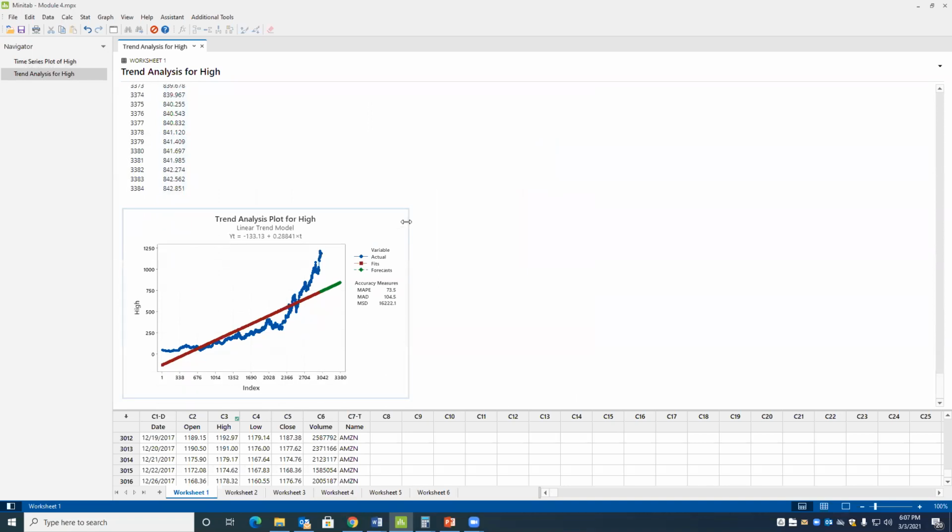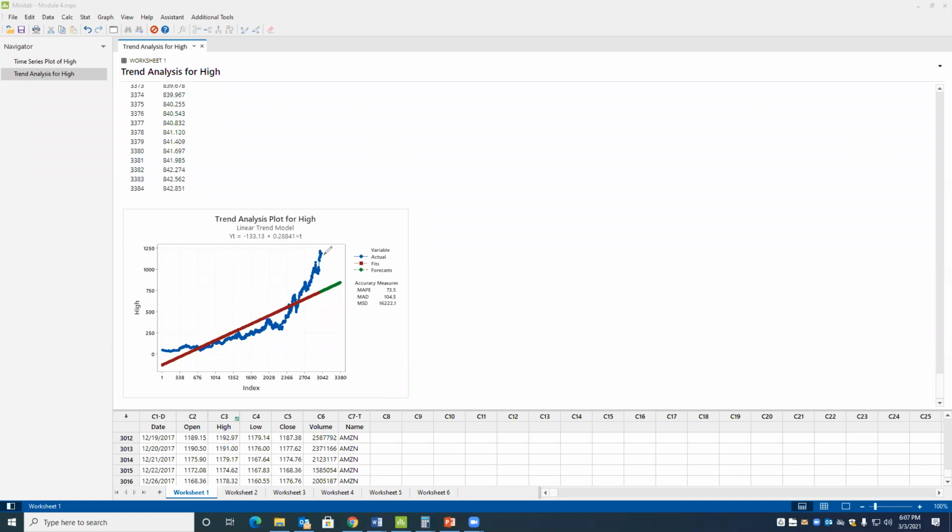Let's look at what is going to be the, let's say this red line is the linear curve, which means this is the best fit line, and you can see the blue going here, and this is going here.